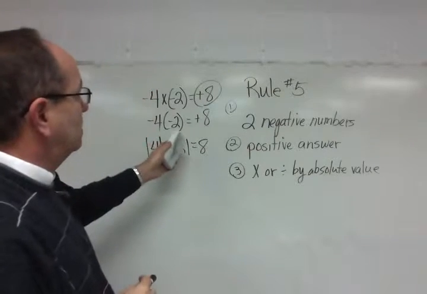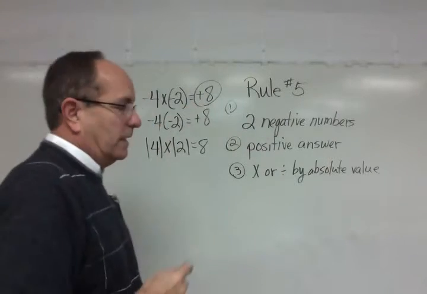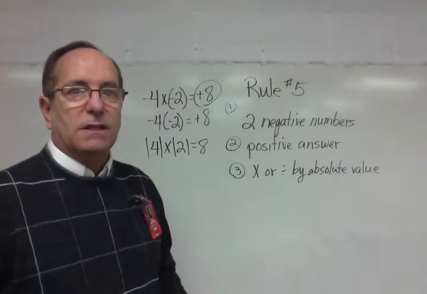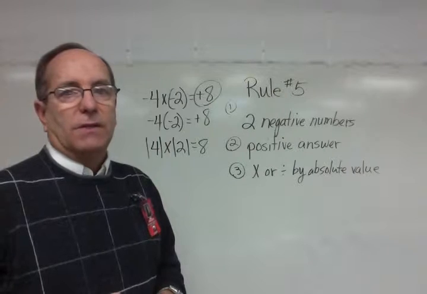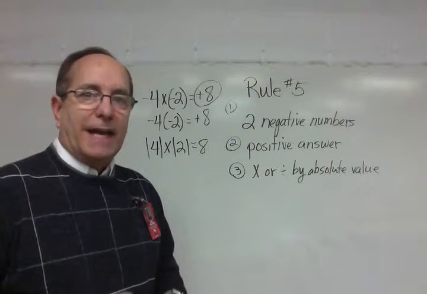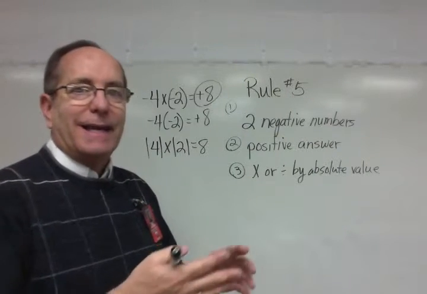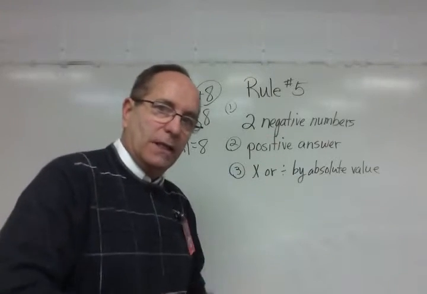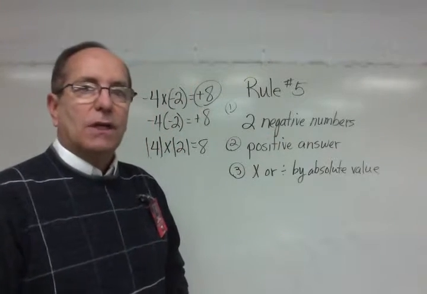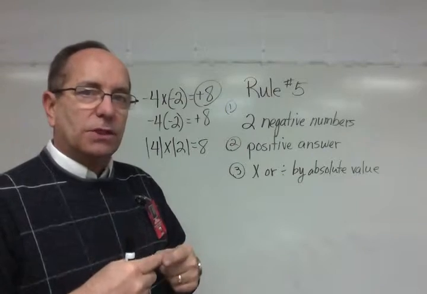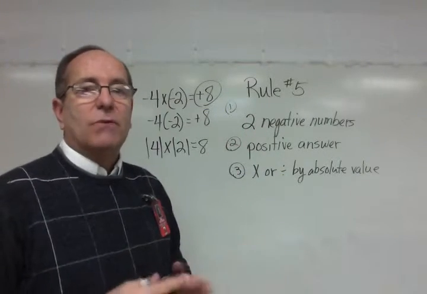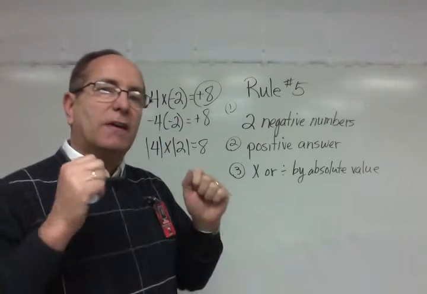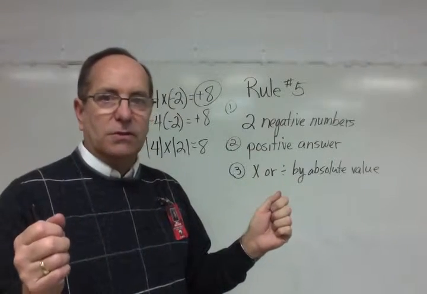So two negatives turns positive. Now, what's confusing with this is, what happens when I add two negatives? From the lesson before, if I add two negatives, I get a negative answer. I dug a hole and keep digging when I add negatives. Well, that's what will confuse you in your mind: oh, I got two negatives, I have a negative answer. Not when I multiply and divide. So that's where you've got to separate those two understandings.